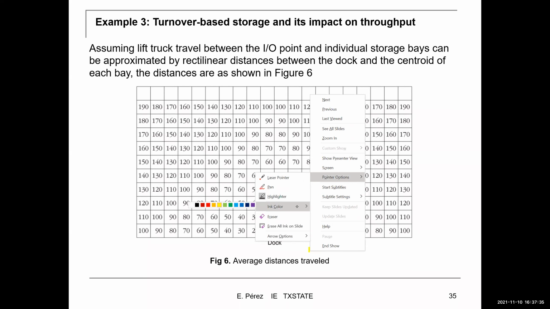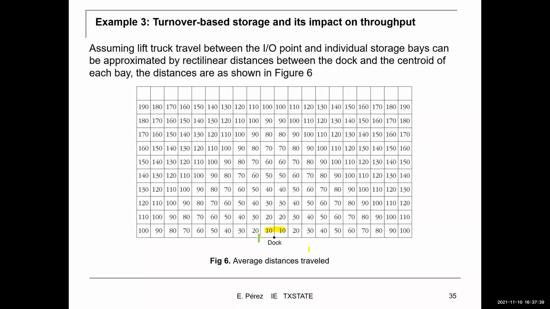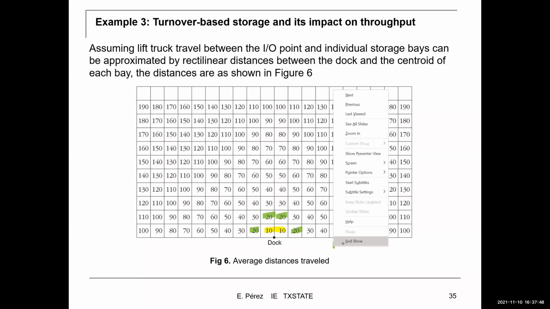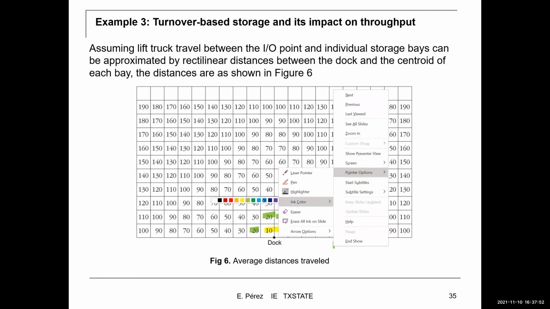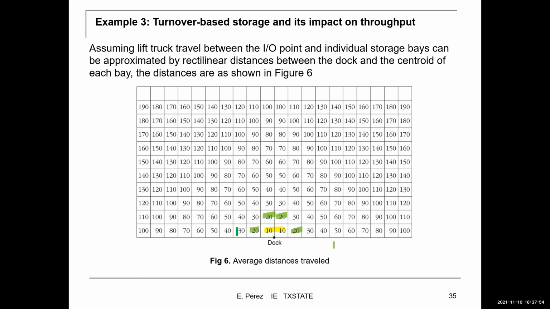And as you move farther from the dock, your distances are increasing. So those positions with the smallest distance should be used for those products that are moving faster.